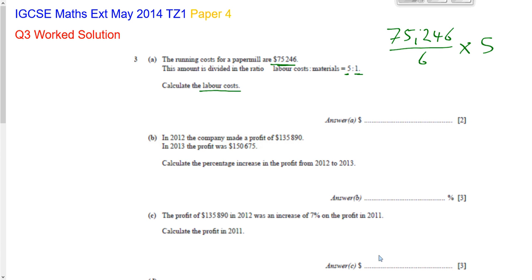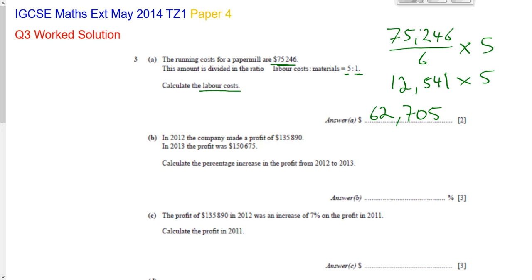So 1 part is worth 12,541. Then on the calculator, multiply that by 5. So the labour cost is going to be 62,705.